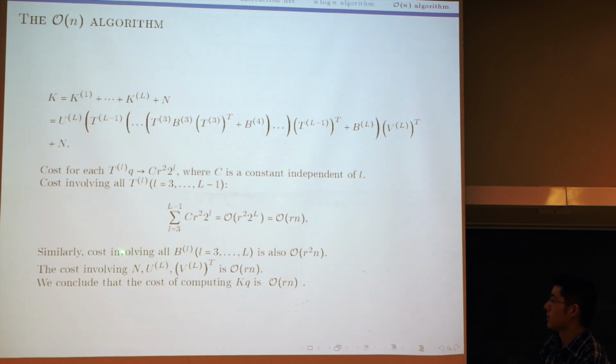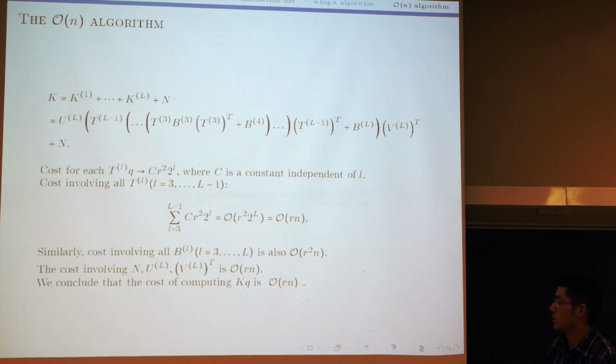And so it remains to compute the matrix vector product of N and the column and row basis. And we know that N is a banded matrix, and the column basis or row basis is a block diagonal matrix, where the column size of each diagonal block is R, which can be viewed as a constant.